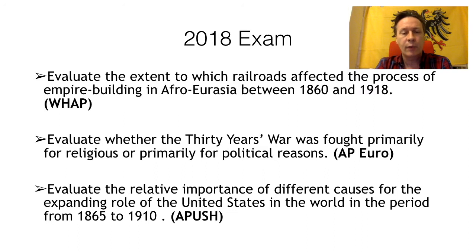and 1918, for WAP. Evaluate whether the Thirty Years' War was fought primarily for religious or primarily for political reasons, for AP Euro. Evaluate the relative importance of different causes for the expanding role of the United States in the world in the period from 1865 to 1910, for APUSH.